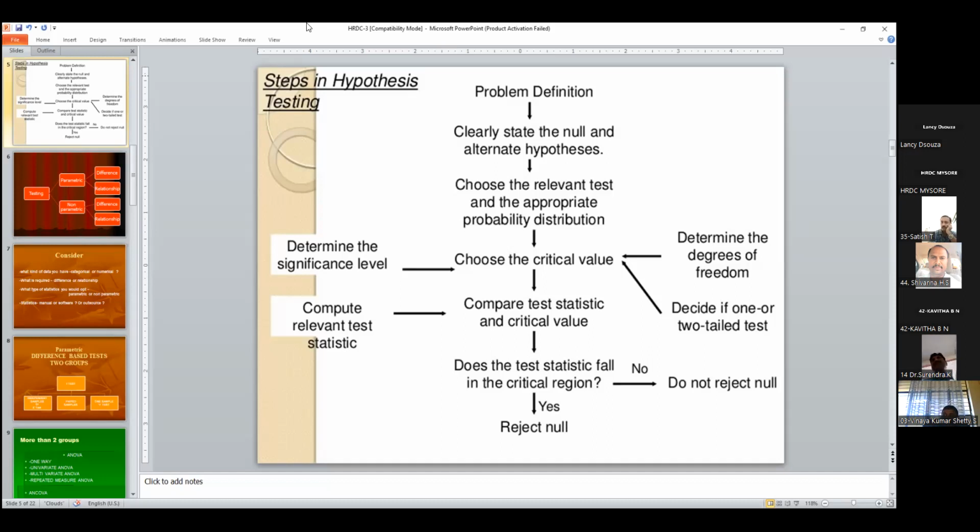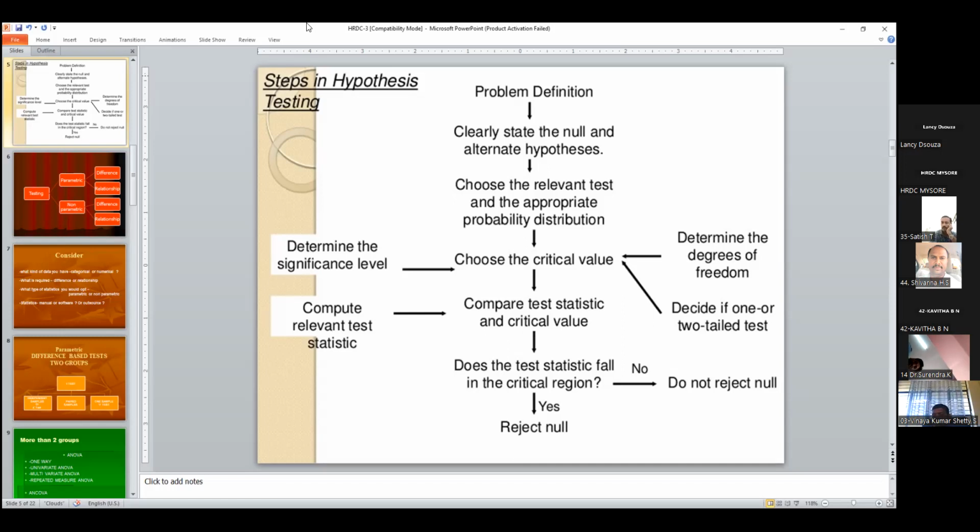Once you have formulated the null hypothesis and any type of hypothesis, next you go for data collection. You are already using standard tools for data collection, either primary or secondary. Once you have collected the data, you compile the data, and while compiling, you have to filter the data and discard the incomplete data.